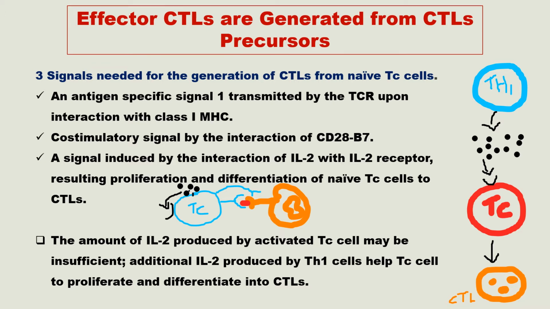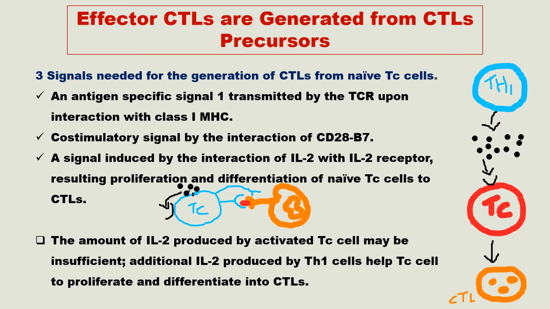And the activation and proliferation steps are similar to those of T helper cells. The only difference is the co-receptor and MHC. In the case of the TC cell, the co-receptor is CD8 and the MHC is MHC1. That is the difference. Let's see the steps.